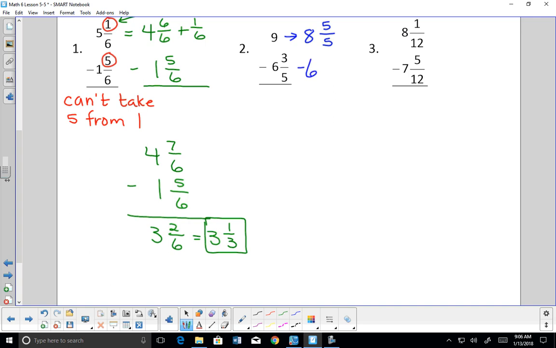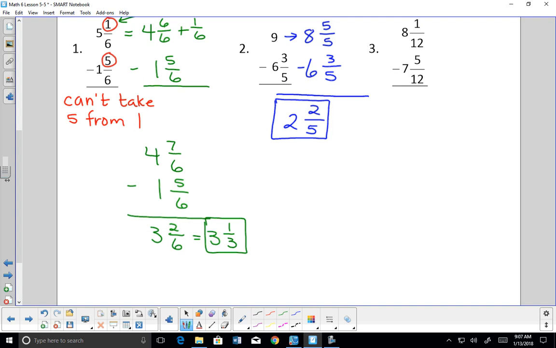I have a common denominator, so I don't have to worry about that. 8 minus 6 is 2. 5 minus 3 is 2. So this becomes 2 and 2/5. It is much easier to subtract a mixed number from a whole number than it is to subtract a mixed number from a mixed number. There's one extra step when you're subtracting a mixed number from a mixed number.